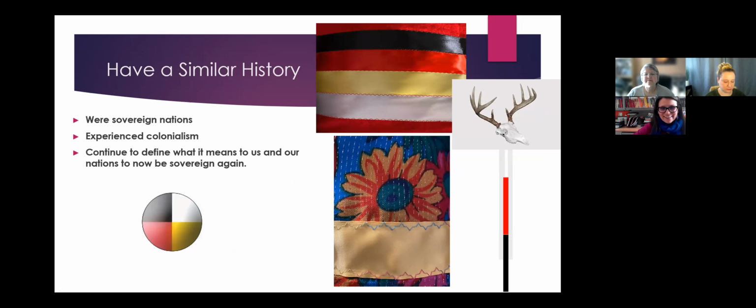It's helpful to realize that whether it's the four directions or the upper, the middle, and the lower kingdoms, we have so much in common and a shared history, though each distinct. And I love that ribbon skirts also express that individualism. Though they're all ribbon skirts, they have a different pattern and each one is unique.